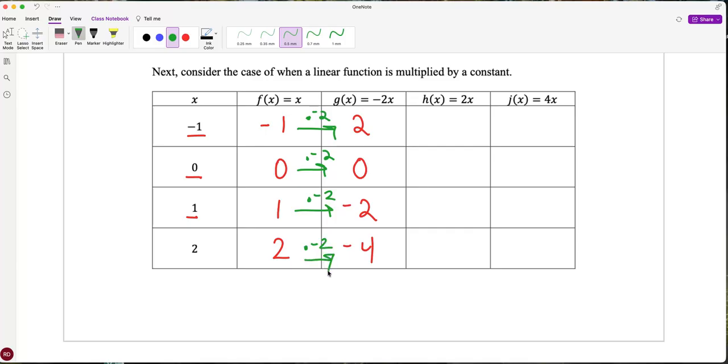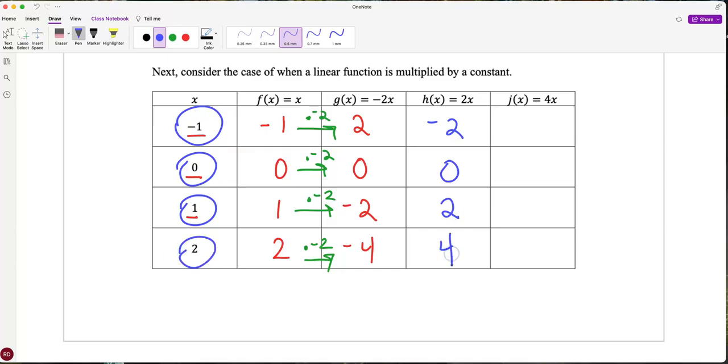If I look at h of x as 2x, well, basically it's 2 times that number, 2 times this number, 2 times this number, and 2 times this number. So I'm multiplying by 2. And then if j of x is 4x, I'm taking each of these numbers and multiplying by 4.